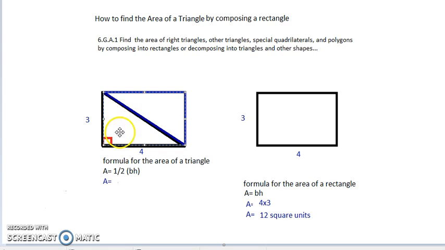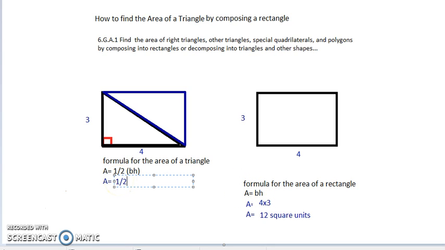Now the area of the original triangle will be half of the area of this rectangle that we've created. So this shows why taking half of the base times height works. Since the formula for the area of a rectangle is base times height, now we're taking half of that.